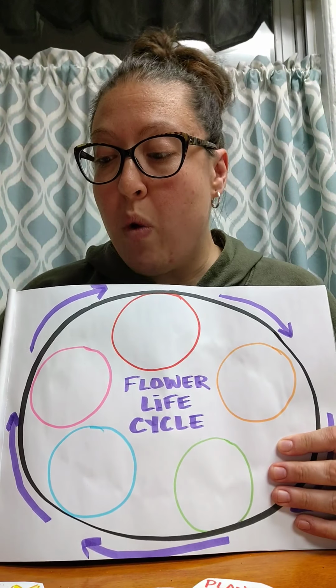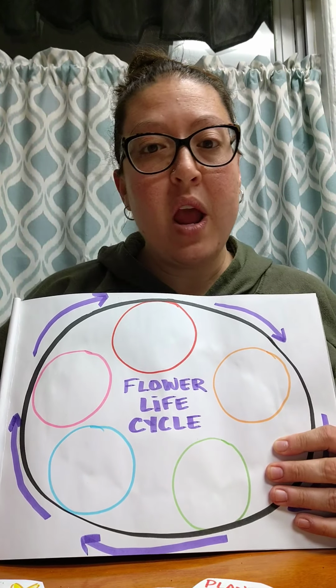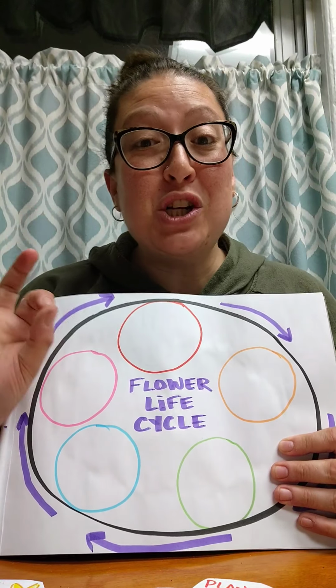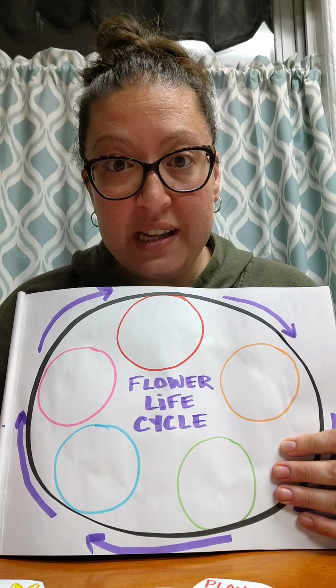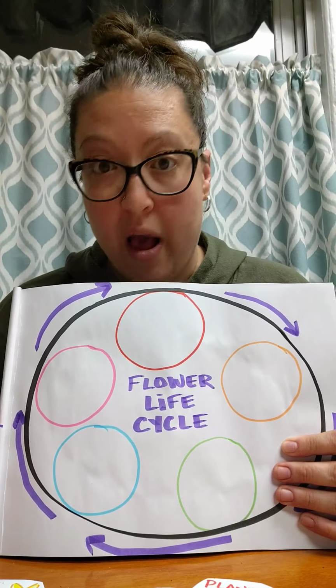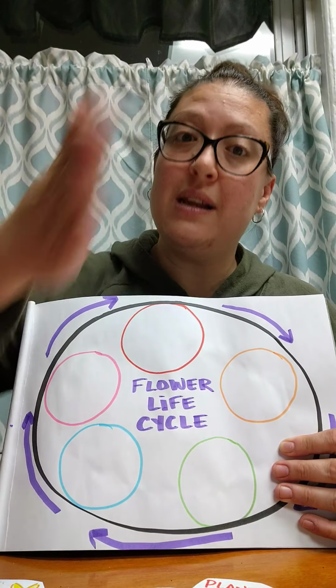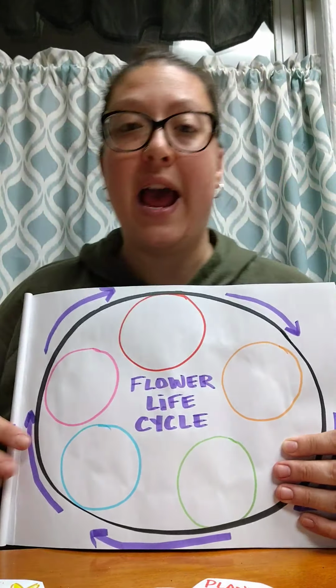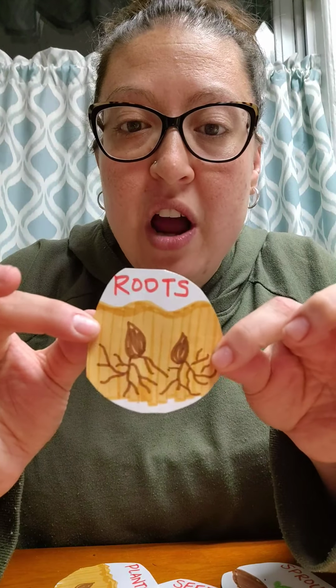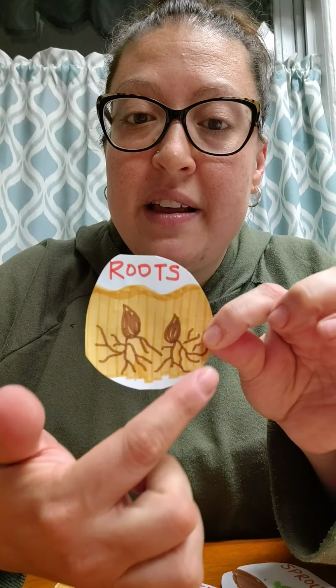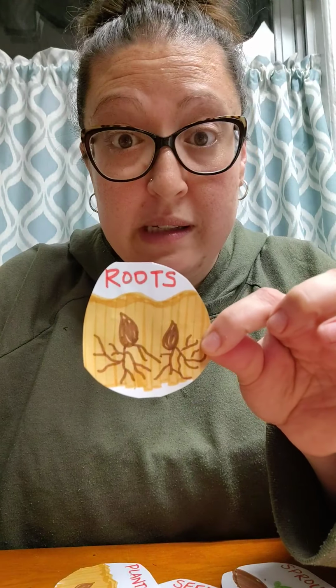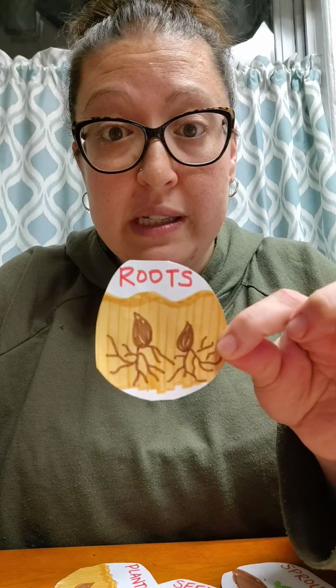So what we're going to start with, actually, I'm going to show you 5 pictures, and then we're going to figure out which one comes first and what goes next, next, last. I'm going to mix them up so they're not in order. I have a picture of seeds that have grown roots, and that says roots.